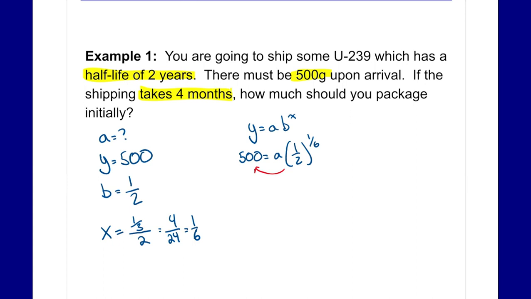I could calculate what this is first as well, and then move it over if that's easier for you in terms of formatting. So this would end up being 500 divided by 1/2 to the power of 1/6, and that is going to equal A. This just becomes a calculation, and we're left with A equal to 561.23 grams. Therefore, we should initially package 561.23 grams so that there's 500 grams upon arrival, or 4 months later.